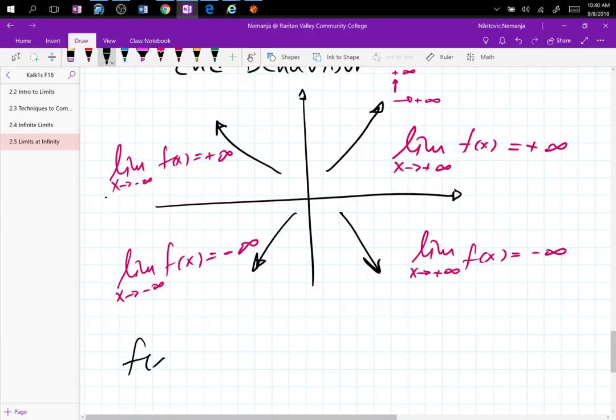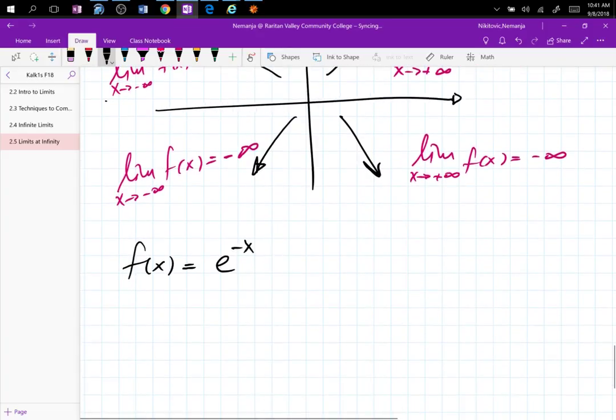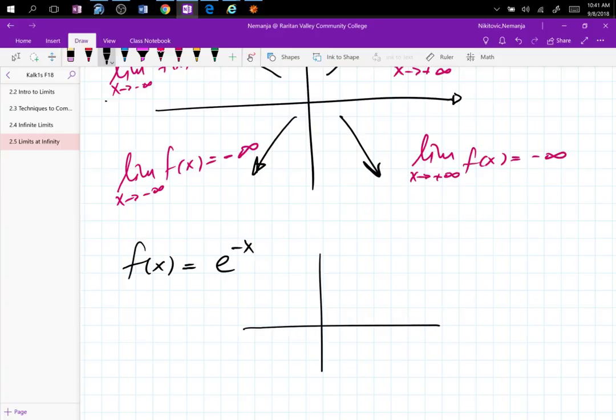This allows me to analyze, let's go with it, the e to the negative x decay function. When I draw a decay function, I have two ends. I have the red end.